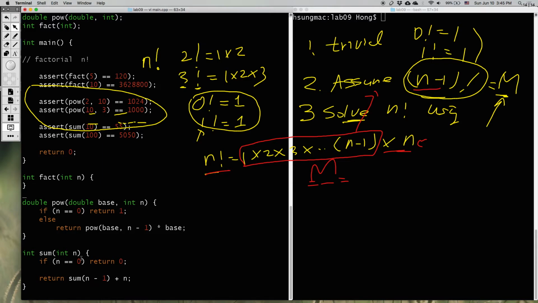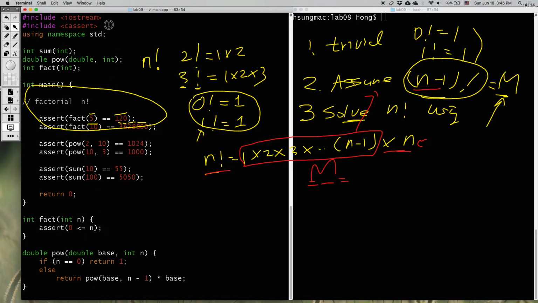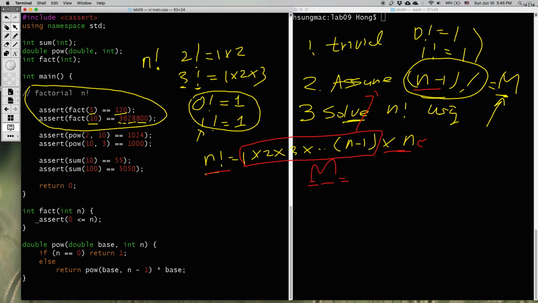In some integer functions also, you want to validate that n should be non-negative. So anyway, let's add here an assertion as a validation that n should be non-negative. Then that would work. To use the assert function, we should include the cassert library. So that's just the input validation.